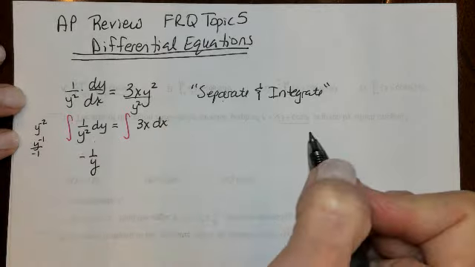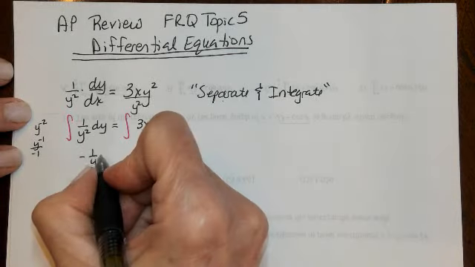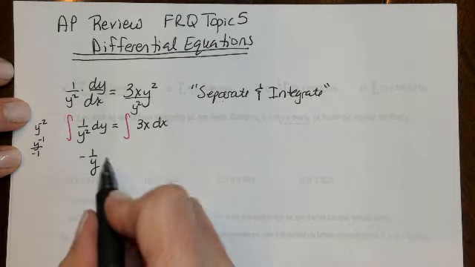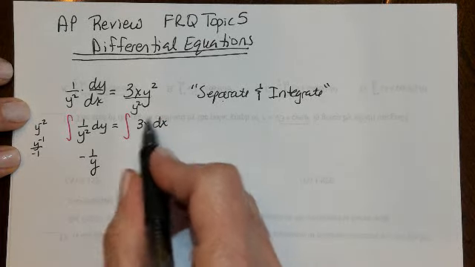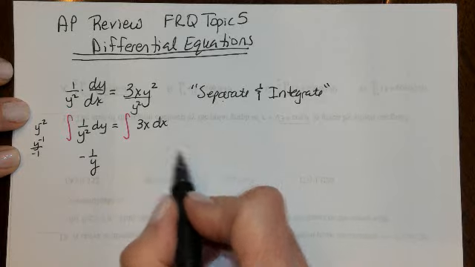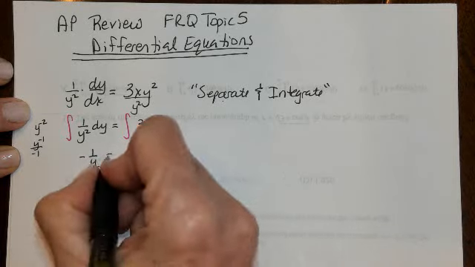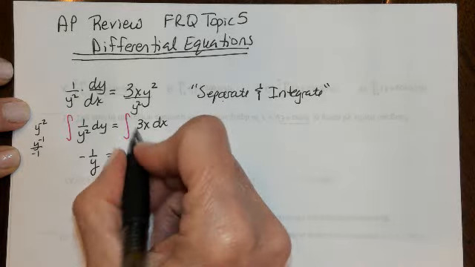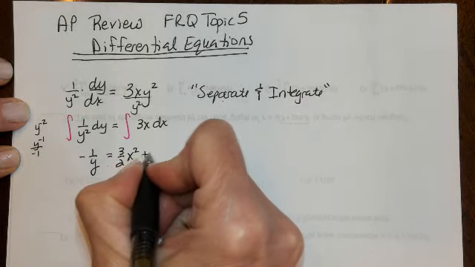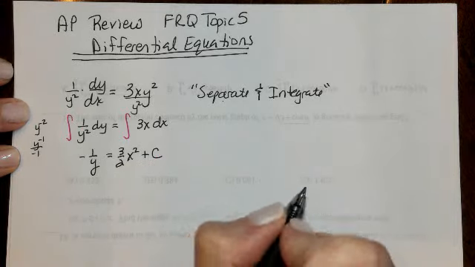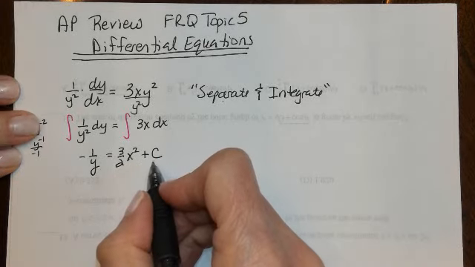So negative 1 over y. This would have a plus c with it. I'm going to combine this constant of integration with the constant of integration I get on this side and make it a single plus c on the right-hand side. The antiderivative of 3x is 3 over 2 x squared, and here's our constant of integration. Don't forget your constant of integration here.